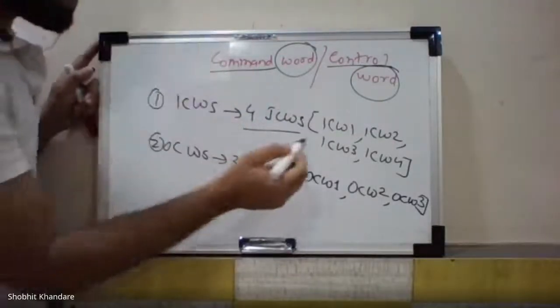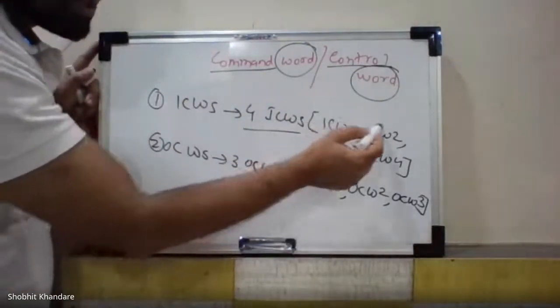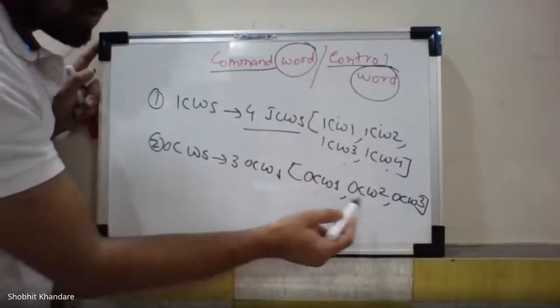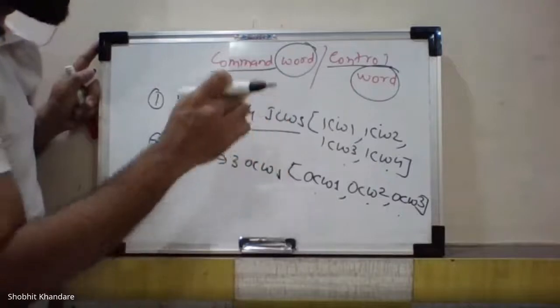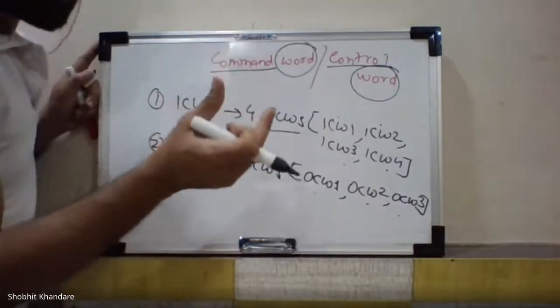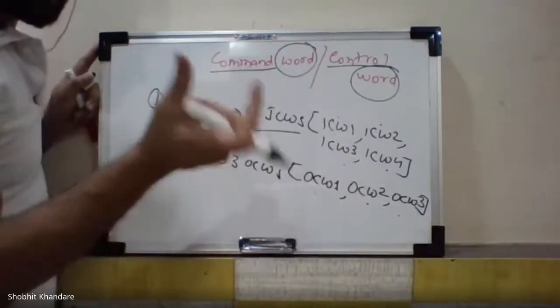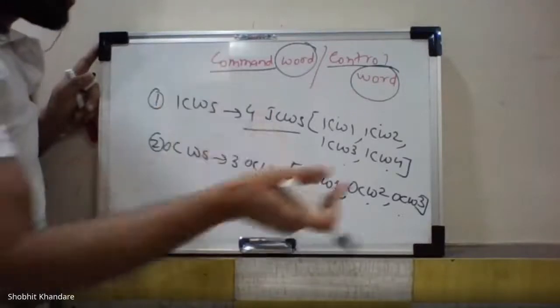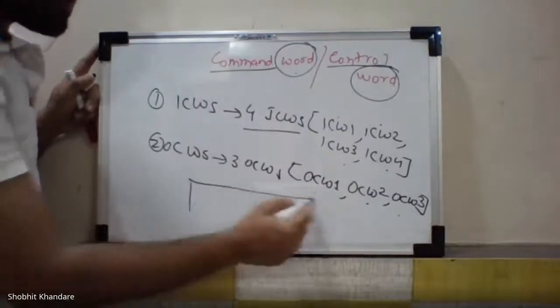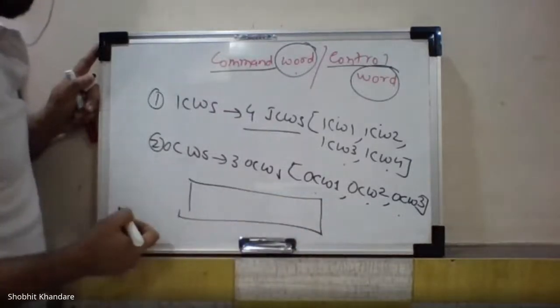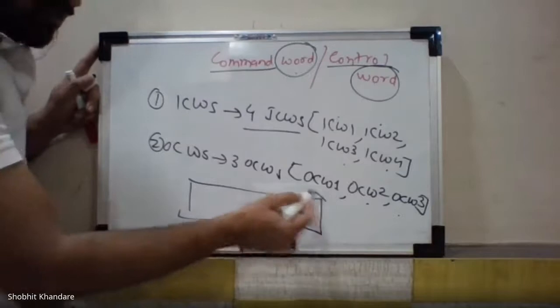So remember, all these ICWs and OCWs are of the size of a word, the size of 1 byte. Held together, 1 byte or 8 bits forms the word.